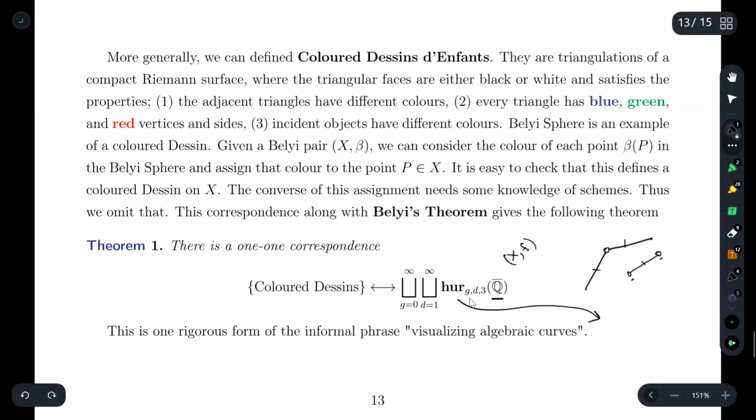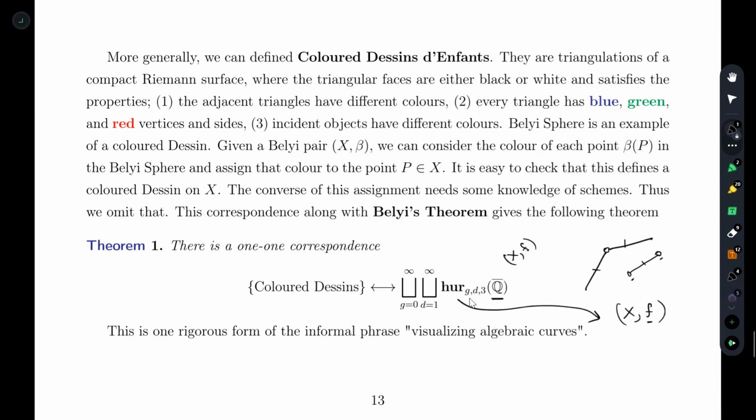This is the disjoint union of all pairs of isomorphism classes of Riemann surfaces. Going from Hurwitz over C to Hurwitz over Q bar follows from Belyi's theorem, maybe, right? Yeah, that's what I'm explaining.